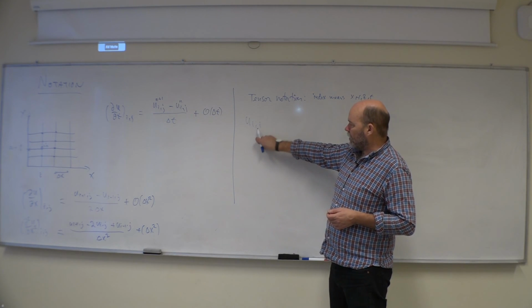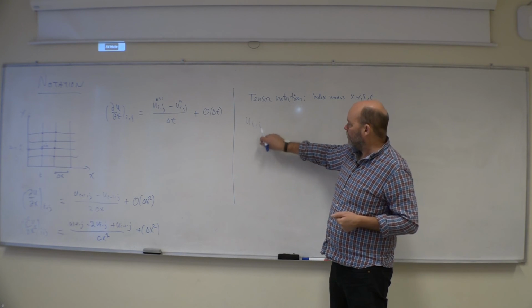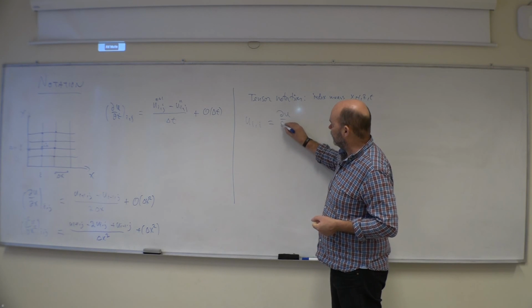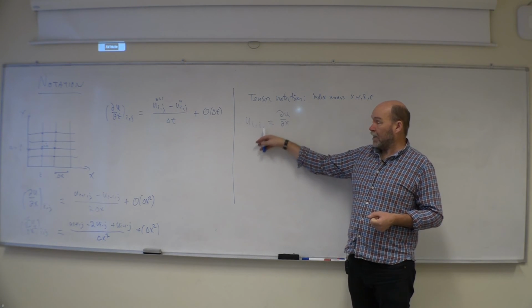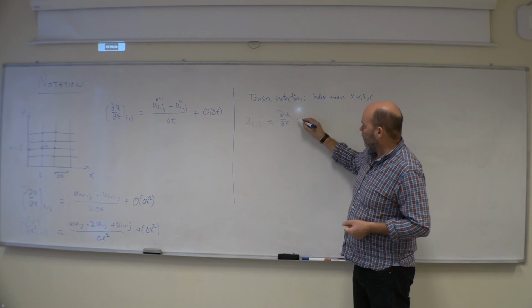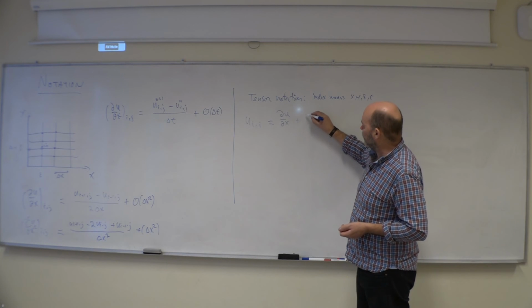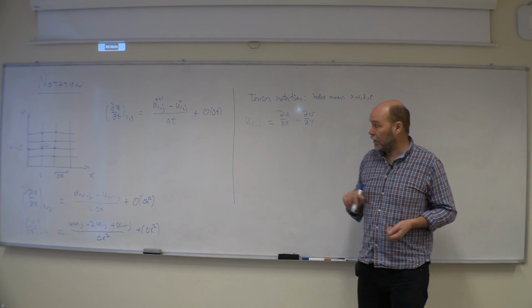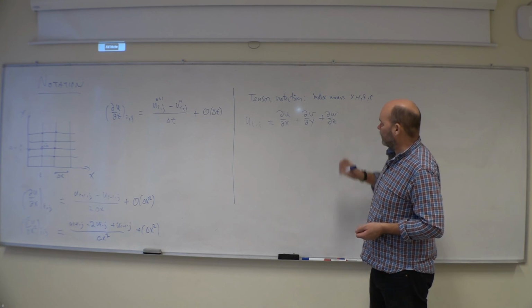And when you have something after a comma, that means take the derivative of it. So this one actually is the same as to say du/dx, taking in the first one, meaning x and x, plus, and then 2, 2, or in the y direction, it will be dv/dy, and the final dw/dz.